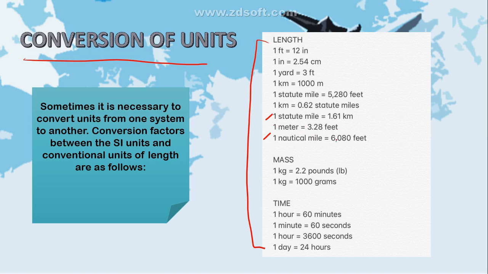Ang nautical mile is ginagamit for aircraft distances. Usually nautical miles yung makikita, kasi for aircraft, we use a unit called knots. Knots is also equal to nautical mile per hour. Ganyan yung speed usually ng aircraft. That's why you need to know the difference between the statute mile and the nautical mile.